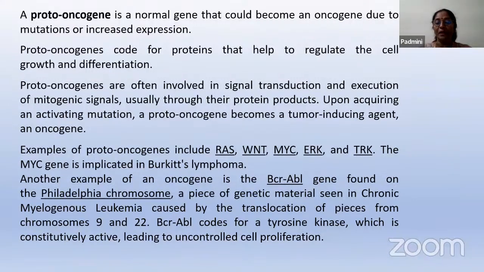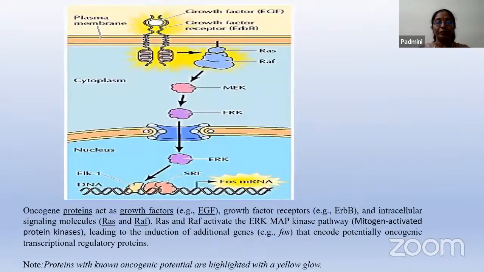So BCR-ABL is a gene found on the Philadelphia chromosome. When the translocation occurs, BCR-ABL is activated, which leads to uncontrolled cell proliferation and cancer. What cancer? Myelogenous leukemia. Here you can see all the different types of cells.